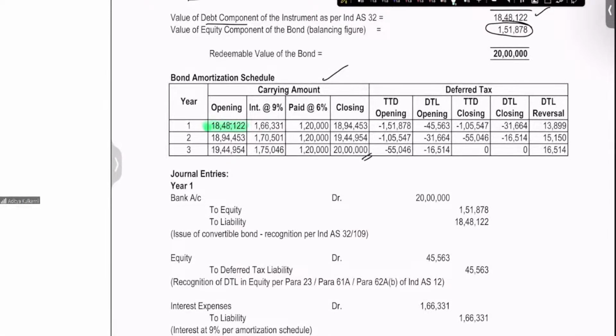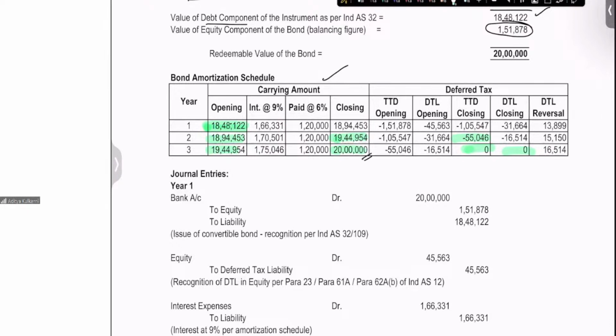End of year 1, this becomes the opening balance for year 2. Closing is 19 lakh 44. You will compare it with 20 lakhs. So the DTL taxable temporary difference on the closing is 55,046. The DTL reversal is 15,150, and this one 20 lakhs. Ultimately, the closing difference is 0. Closing DTL also becomes 0.